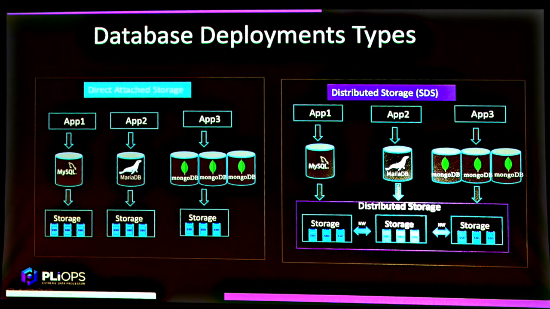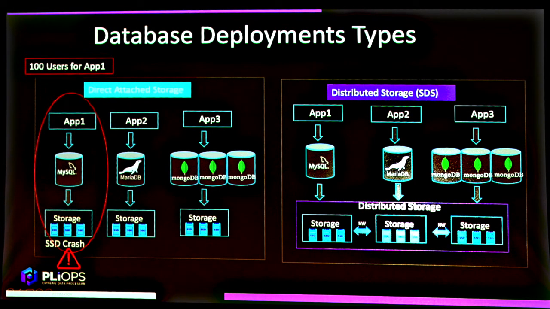The one thing that happens is when you lose an SSD, if you have not considered data protection within the system, the users connected to the application, say 100 users, need to be migrated over to the secondary instance. That is where it becomes a big problem.